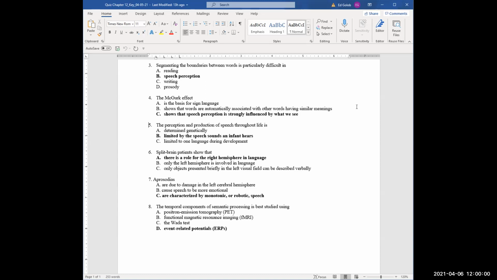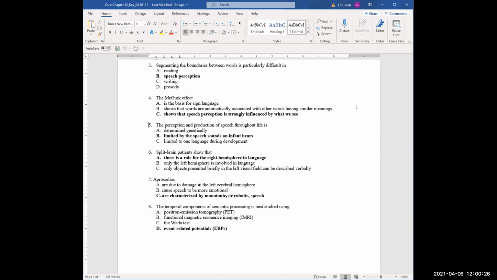Sometimes those people, but it's not technically aprosody because that's due to brain damage. All right, and autism is a developmental disorder as well. All right, so A, it's not due to damage in the left hemisphere. It's more often, if not always, due to damage in the right. And it's the opposite. It doesn't cause hyper-emotionality. It makes speech hypo-emotional. So for 7, you wanted to go with C.